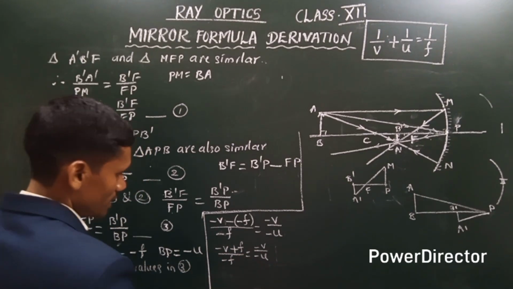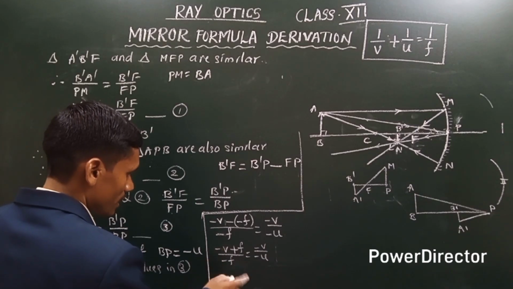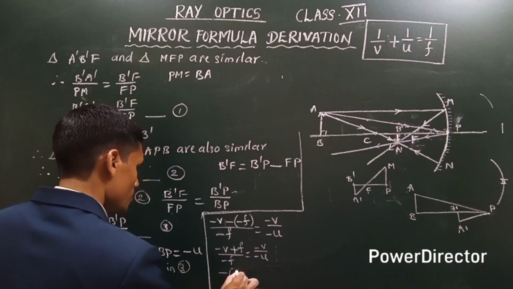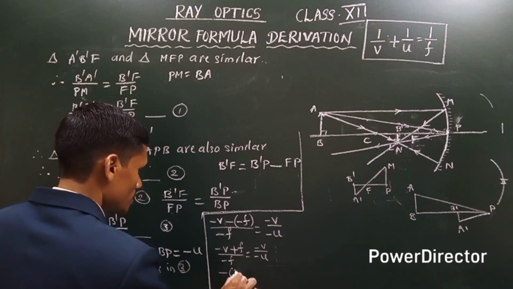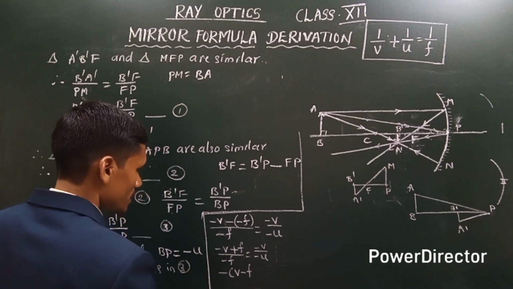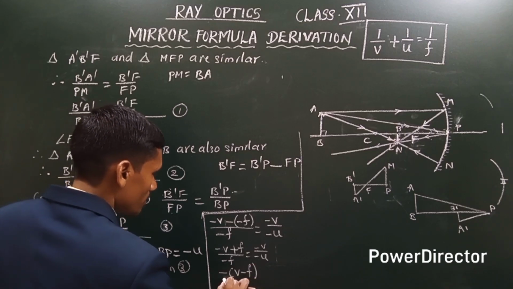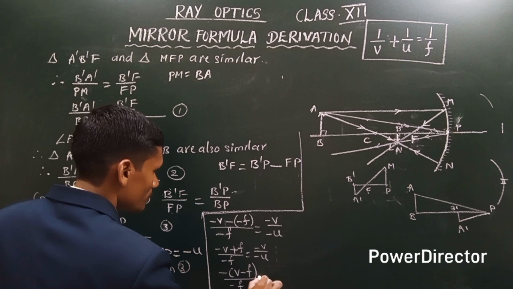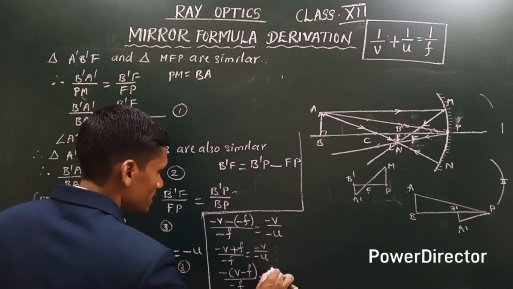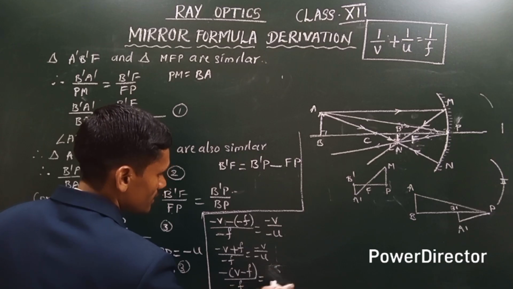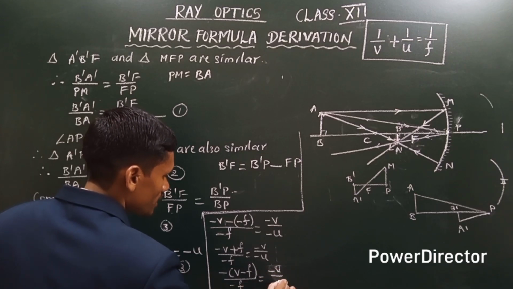Now further simplification: remove this minus sign outside, this becomes v plus f, and the opposite signs, v minus f, right? v minus f divided by minus f will be equal to minus v divided by minus u.